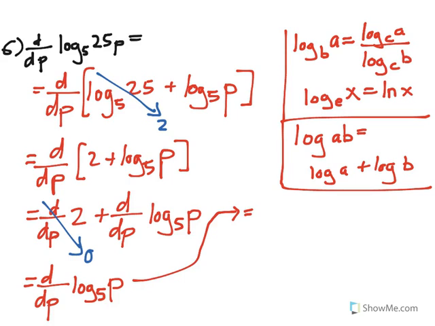And this is going to be d/dp of the natural log of p divided by the natural log of 5. Natural log of 5 is a constant, so you can move that constant outside of the derivative.